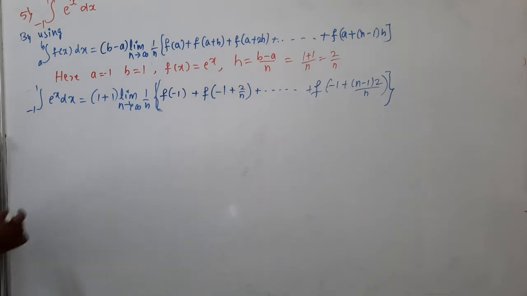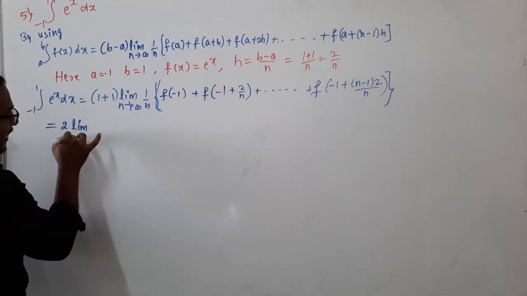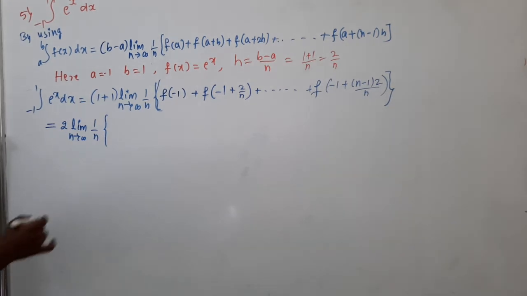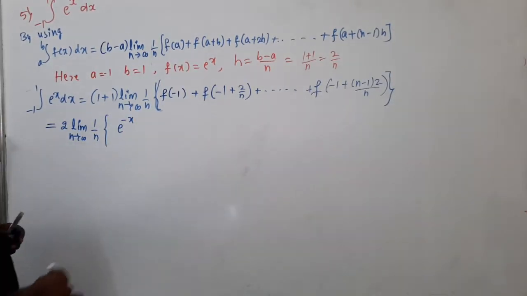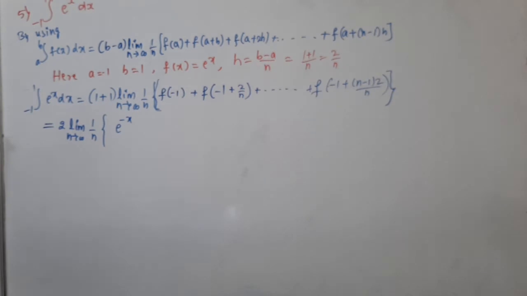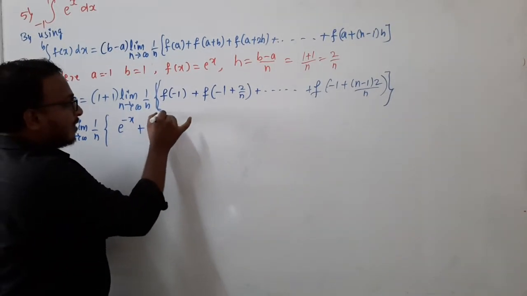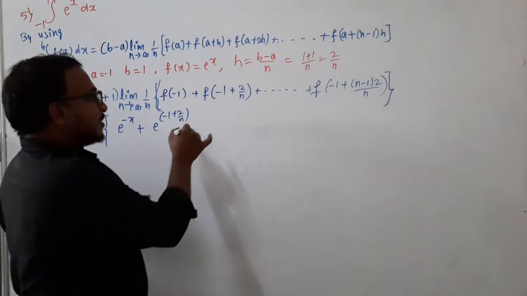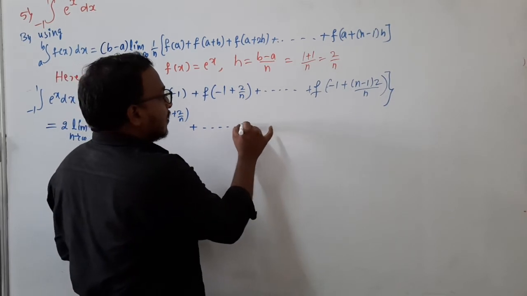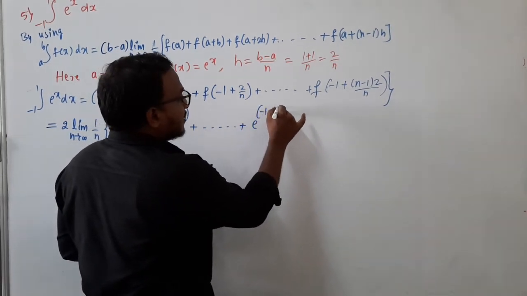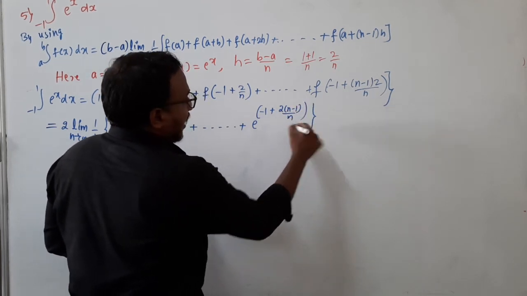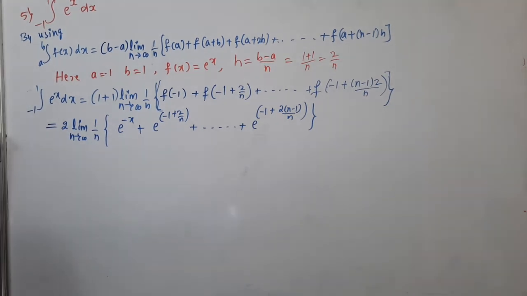The equation will become 1 plus 1, that is 2, times the limit n tends to infinity of 1 by n times f of -1, that is e to the power -1, plus e to the power -1 plus 2 by n, plus so on, up to e to the power -1 plus 2 into n minus 1 by n.